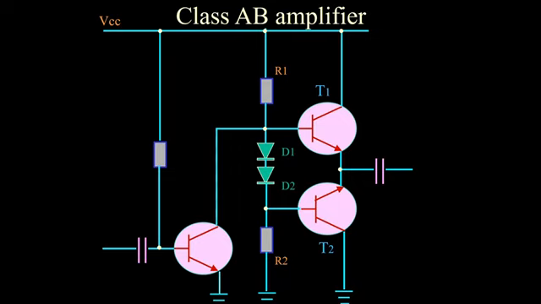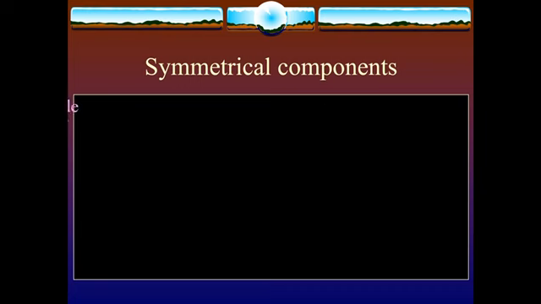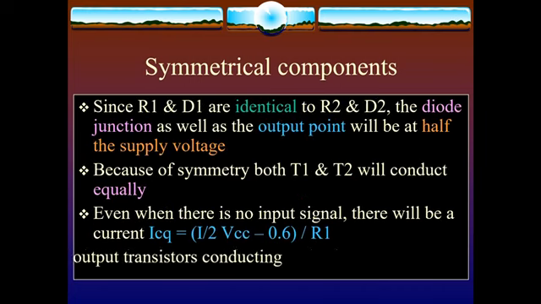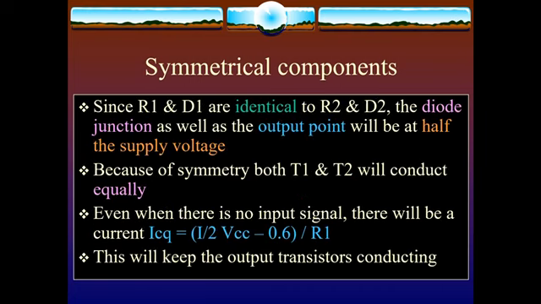Since the resistance R1 and D1 are identical to R2 and D2, the diode junction as well as the output point will be at half the supply voltage. Because of this symmetry, both the transistors T1 and T2 will conduct equally even when there is no input signal.